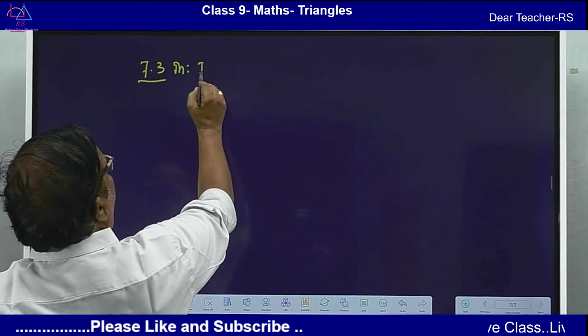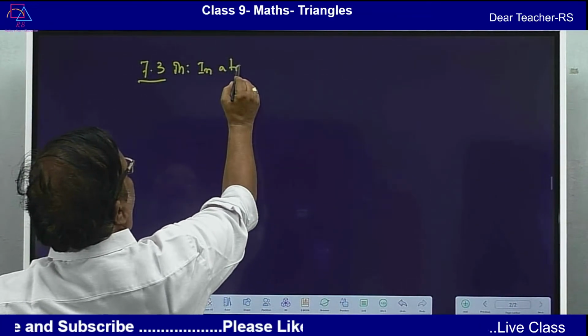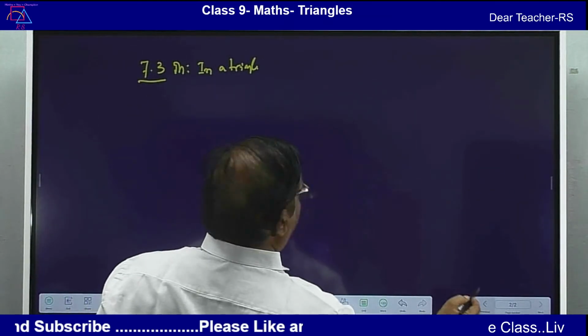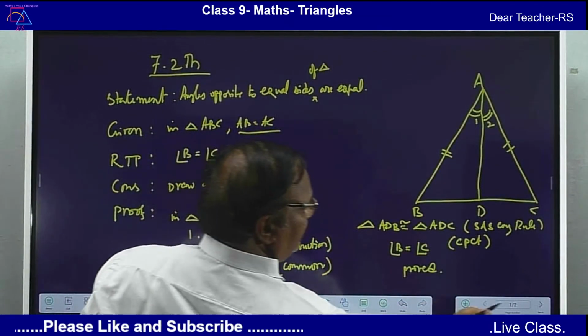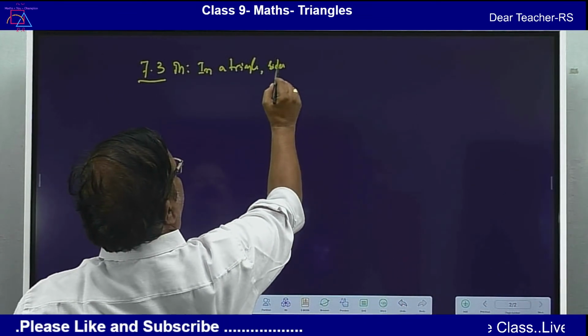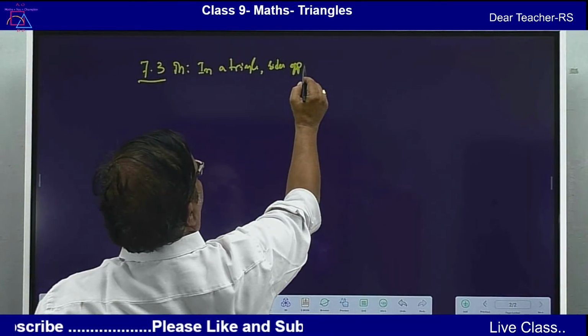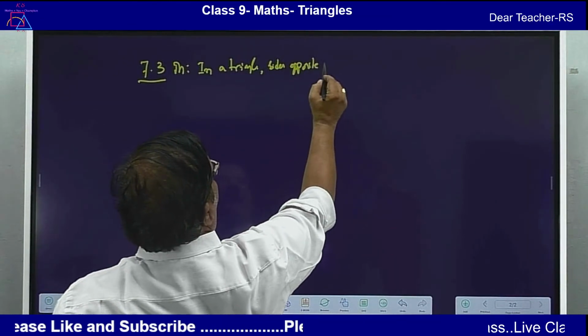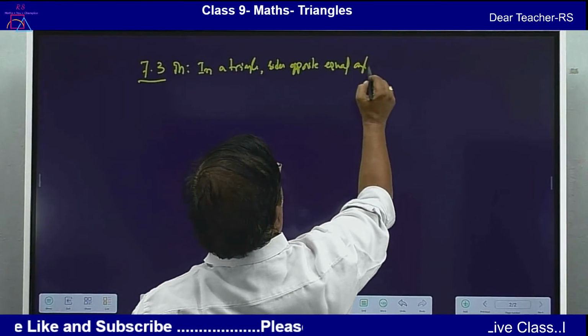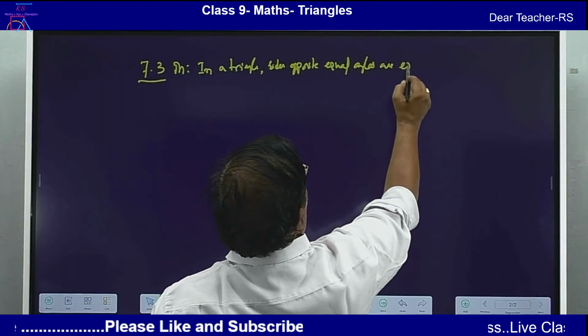In a triangle, sides opposite to equal angles are equal.